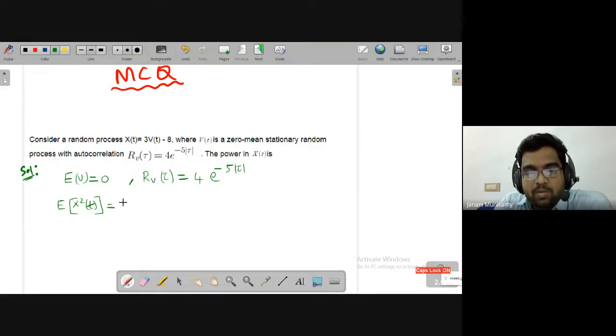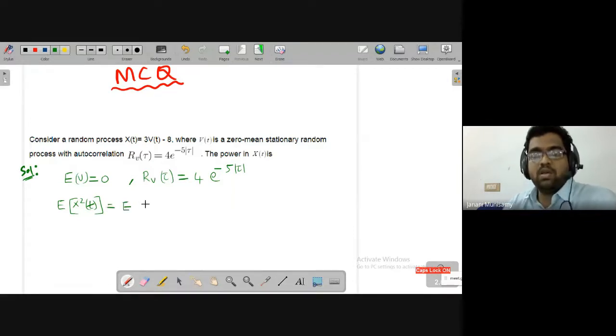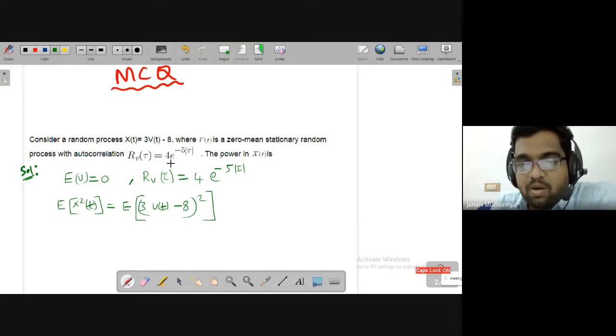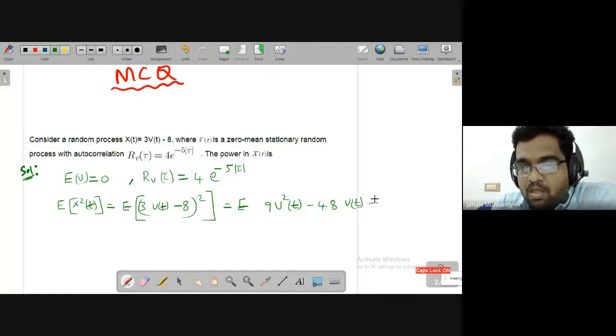So they mentioned x of t is equal to 3 times v of t minus 8. Again, we have to do the square operation. Whatever signal is given as x of t, we have to square it. So we'll get 9v square of t minus 48 v of t, then plus 64.